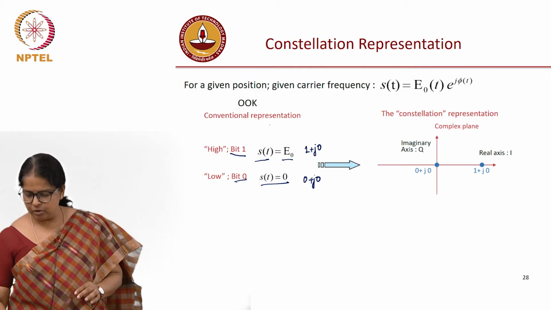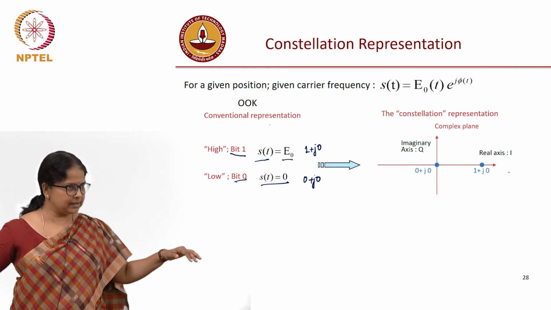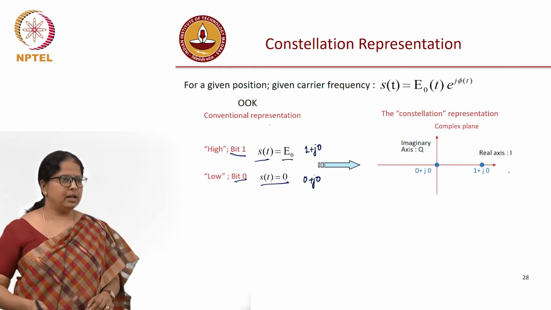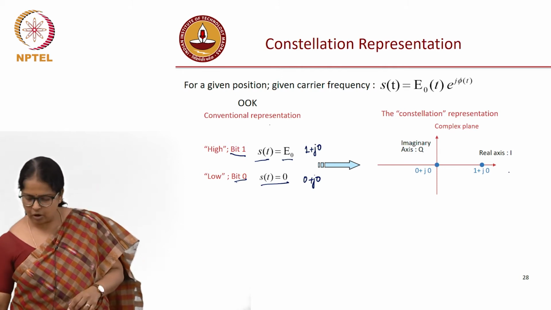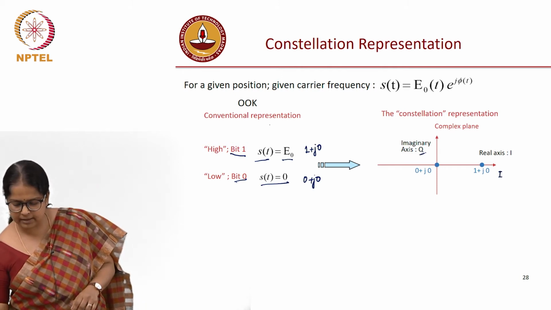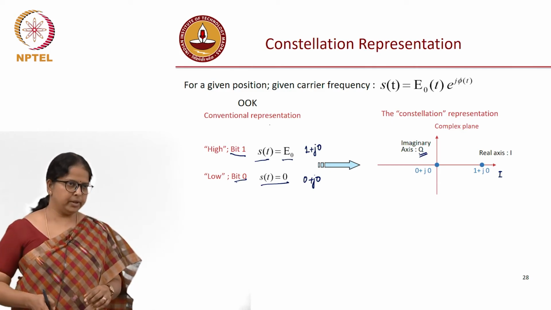Just like in your Argand diagram, you have the x axis as the real axis, and the y axis that represents the imaginary part of the complex number. So, you call this I and this Q: in-phase component, quadrature-phase component.